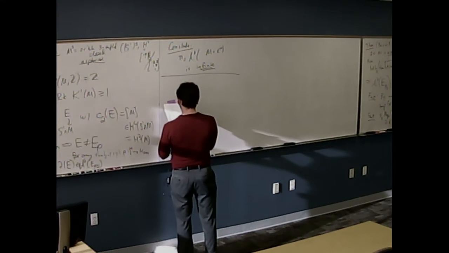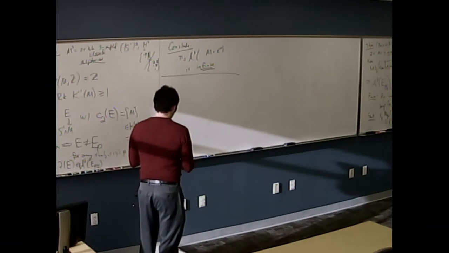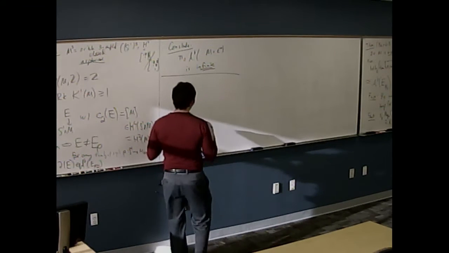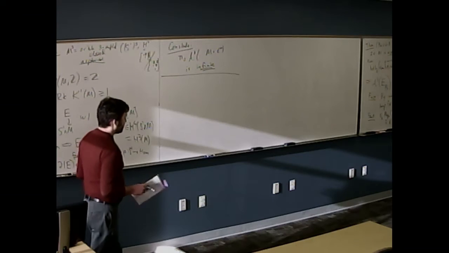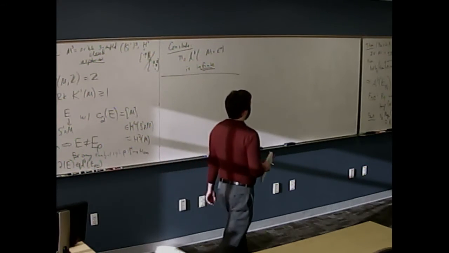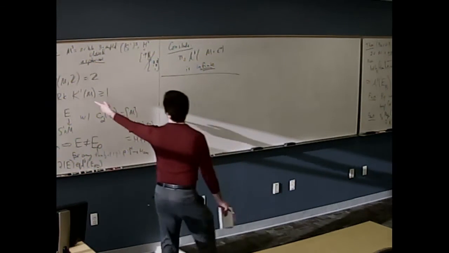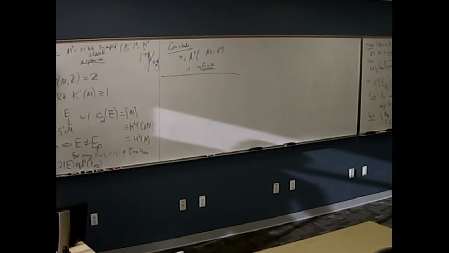Okay, so I want to explain how to get more information than just this. Right now, this is just a pi 0 statement, and we're not going to get anything more from that theorem because what did I have to do here? I had to find cohomology classes in my manifold to do this construction, and there is no cohomology in higher dimensions. It's a 3 manifold.